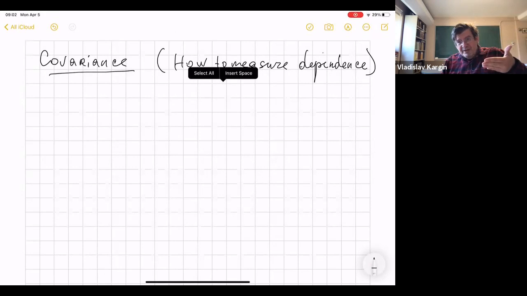So we can define somehow the distance between the probability mass functions, to measure how far the conditional distribution is from the marginal, and how far it is on average.